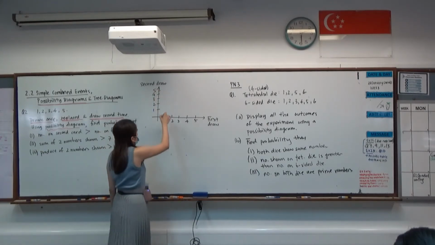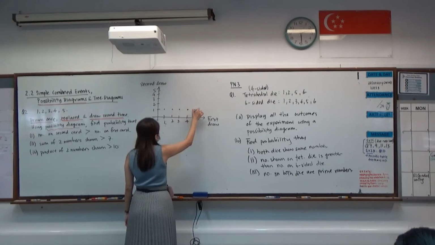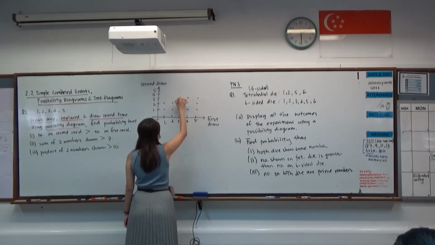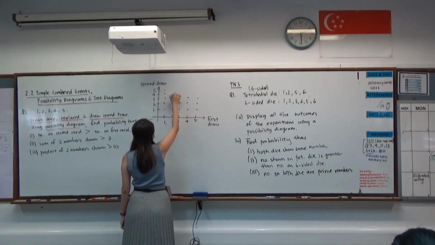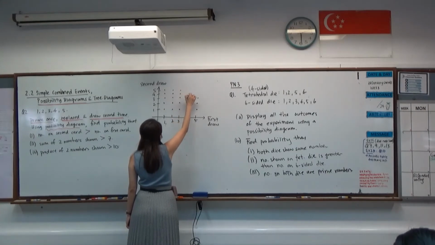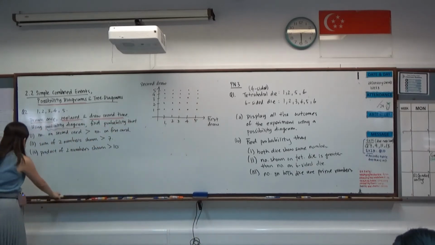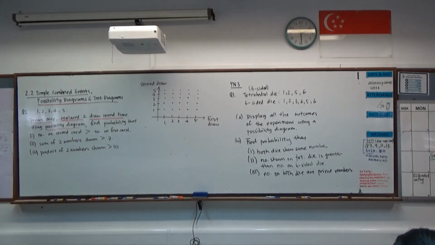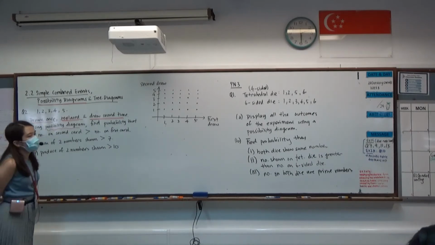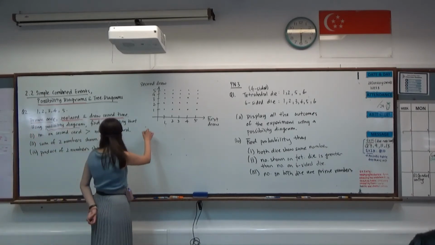So 25 dots in total. Part 1, we want to find the probability that the number on the second card is greater than the first card. So what would that probability be?